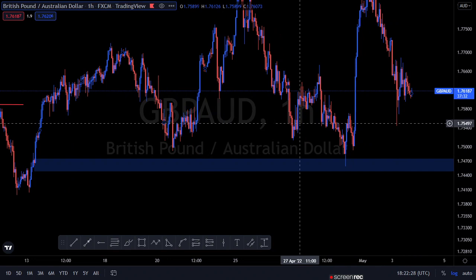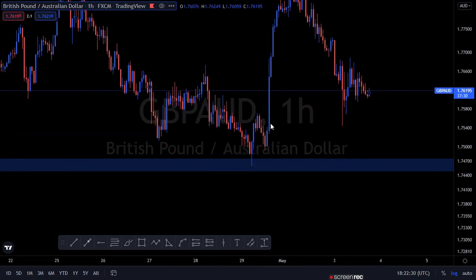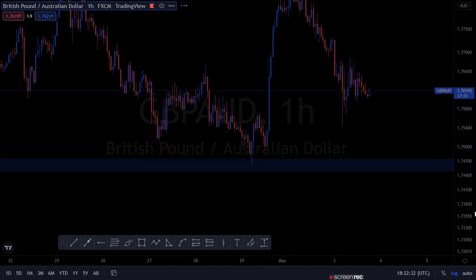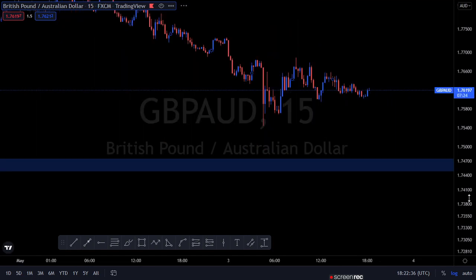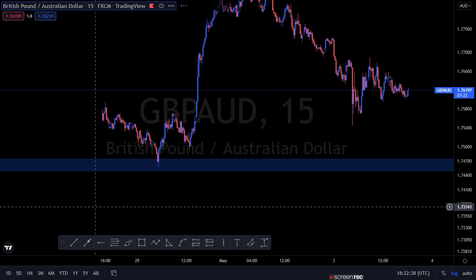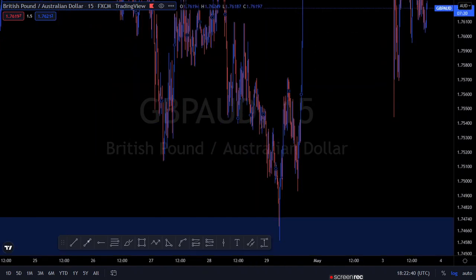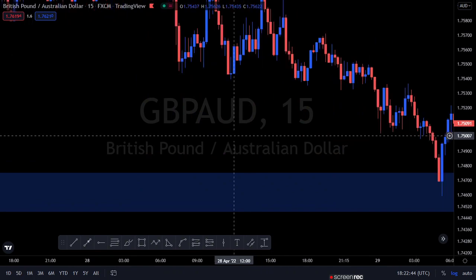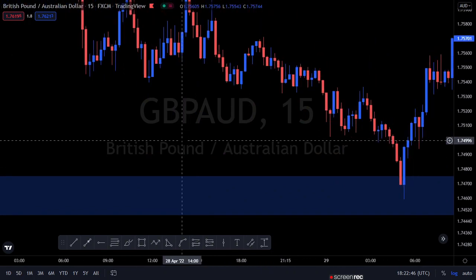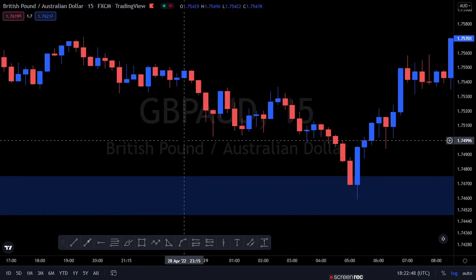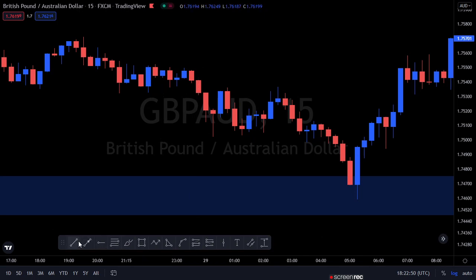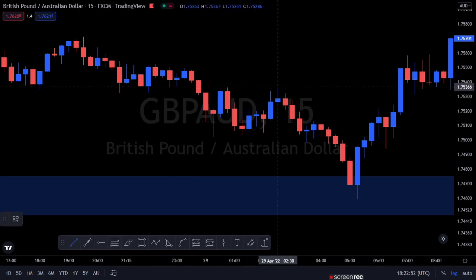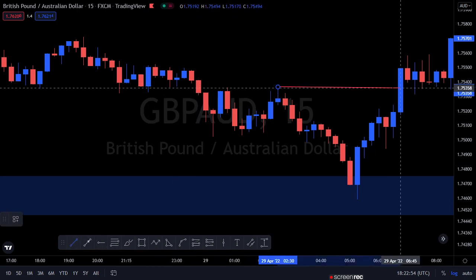After that, go to the 15 minutes time frame. This will be very, very clear. You can see that there was a break of market structure here, a 15 minutes break of structure.